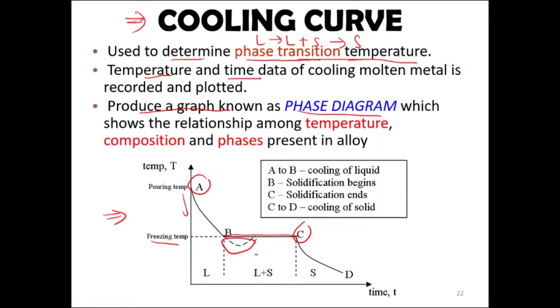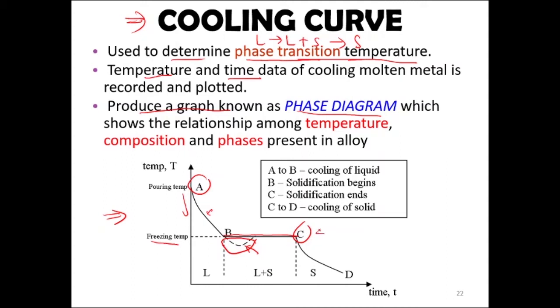What we have over here is, for example, when we pour the liquid metal into the casting mold. The heat from the liquid metal will be transferred to the surface of the mold body, making the temperature drop a little below the freezing temperature of the metal, and then it goes upward again and solidifies at constant temperature.